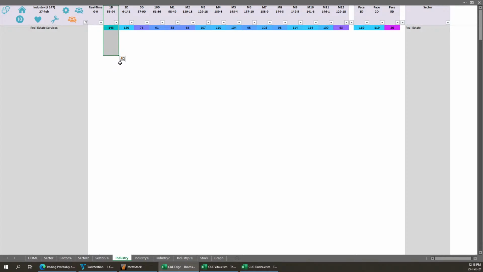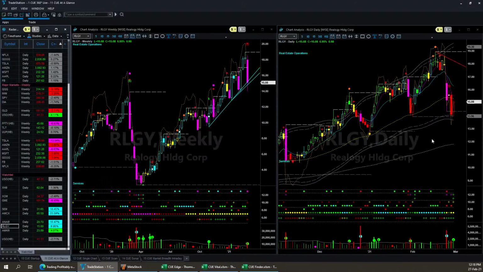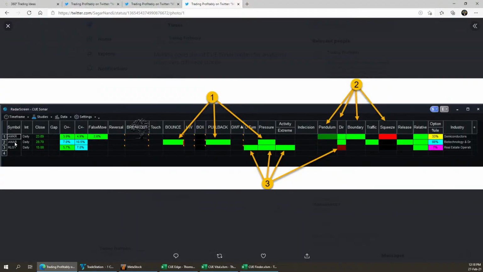Again, I could combine the industry's relative strength with the stock's fundamental strength and then the technical strength to find a buying candidate. Those are difficult to get stopped out on. Two very different industries: one is real estate sector, RLGY, one was semiconductor. And let's look at the last stock I shared in my tweet.